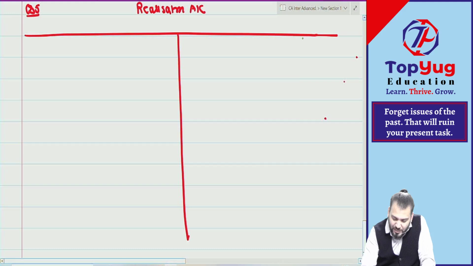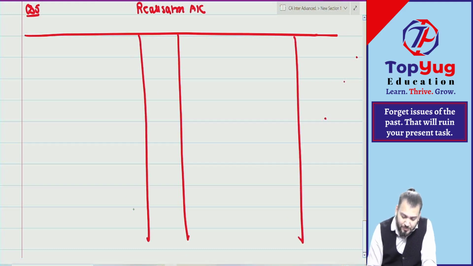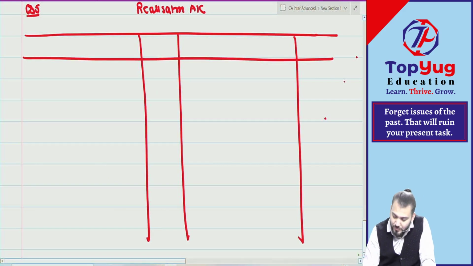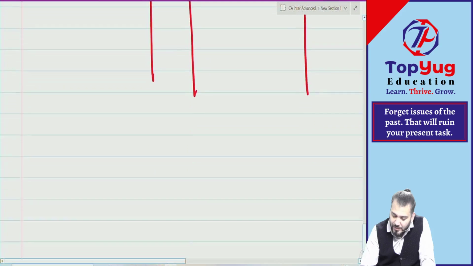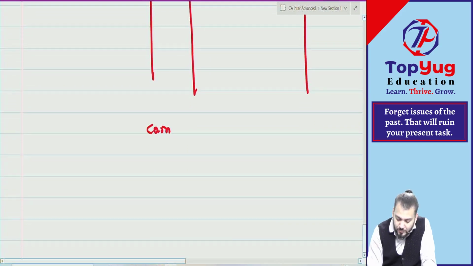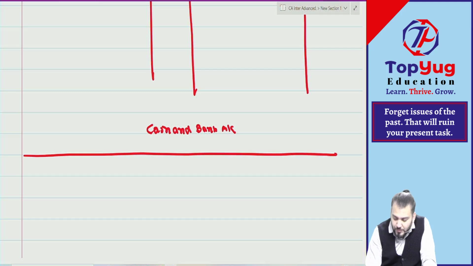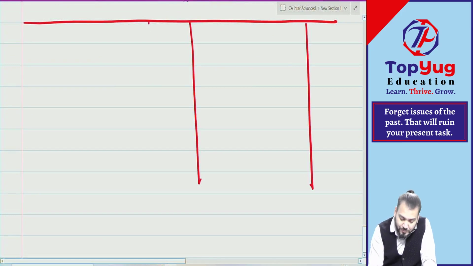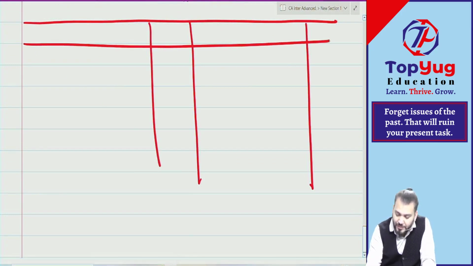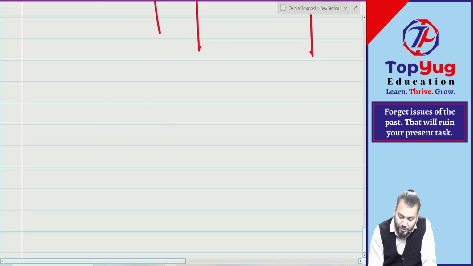It is a T-shape format having debit and credit side. Then we'll prepare cash and bank account. This is also a T-shape format having debit and credit side. Then we'll prepare partners capital account.